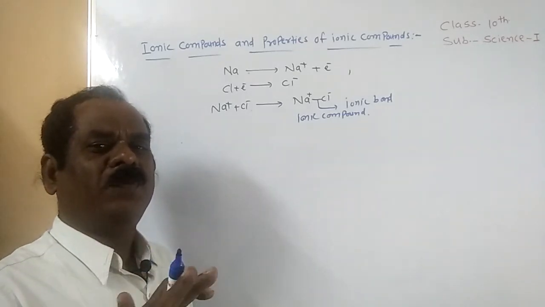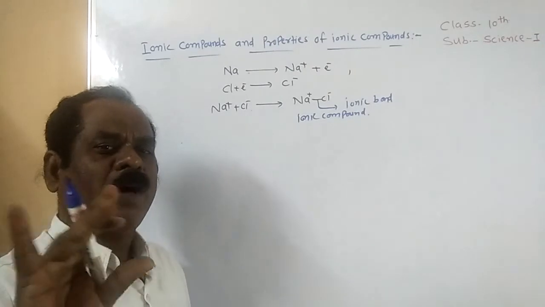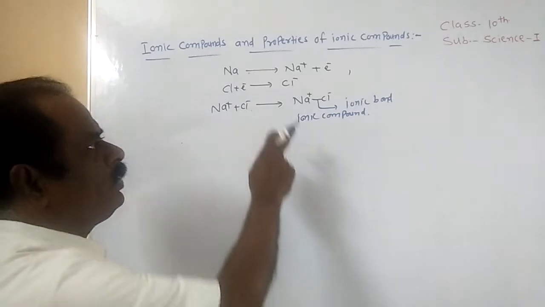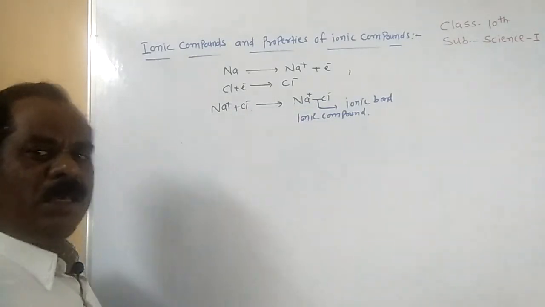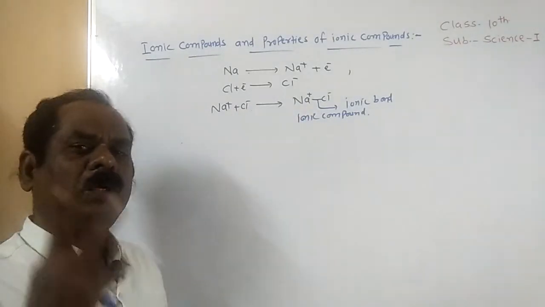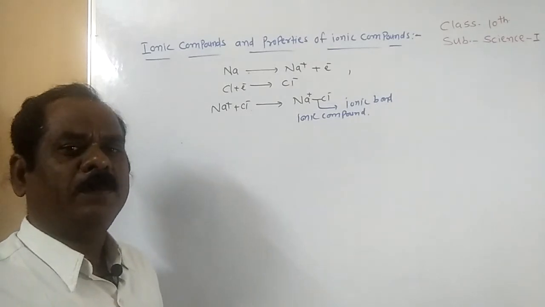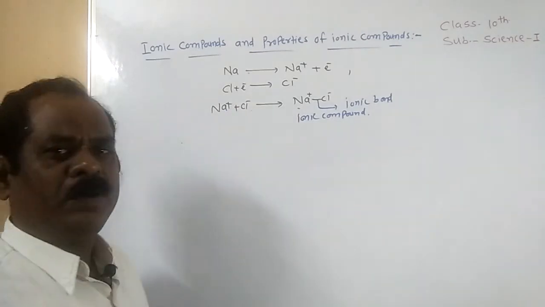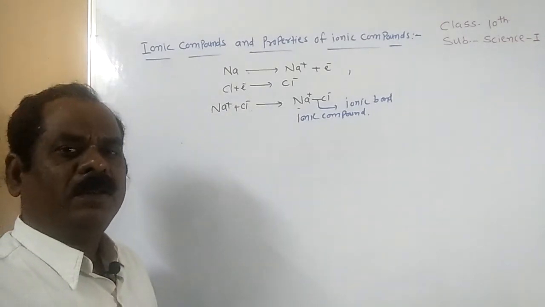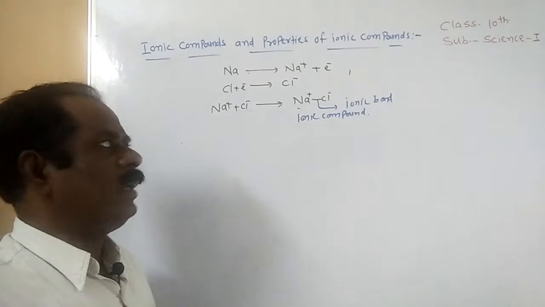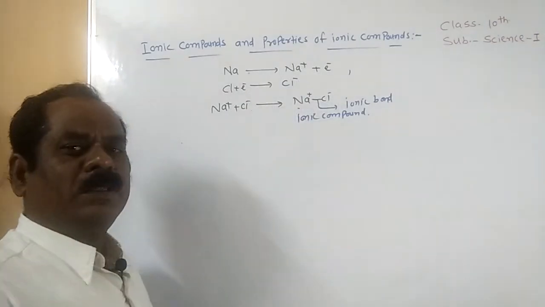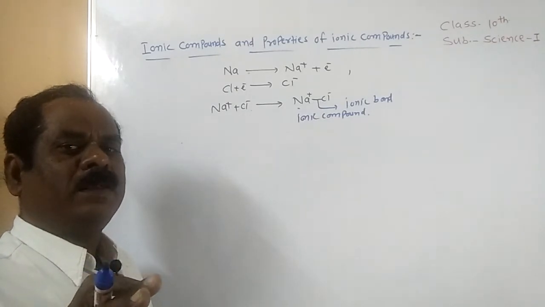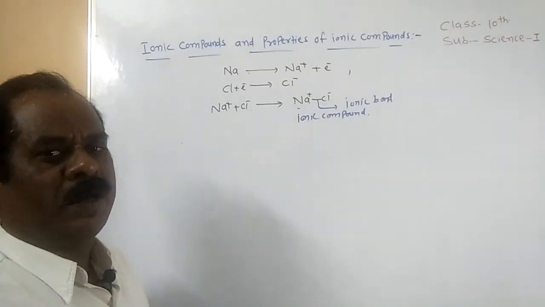It is different, therefore the crystal structures of all ionic compounds are not the same. This arrangement of ions depends upon two factors. Number one, the size of the positively and negatively charged ions, and second, the magnitude of electric charge on the ions. These two factors affect the shape and crystal structure of ionic compounds.